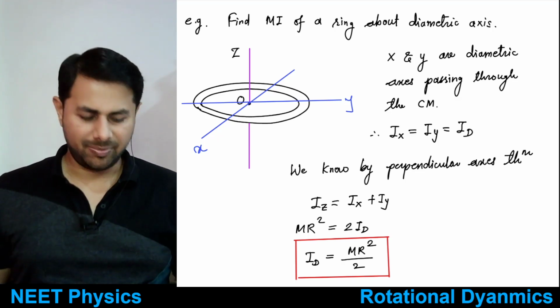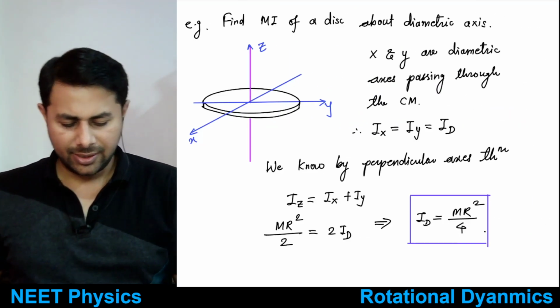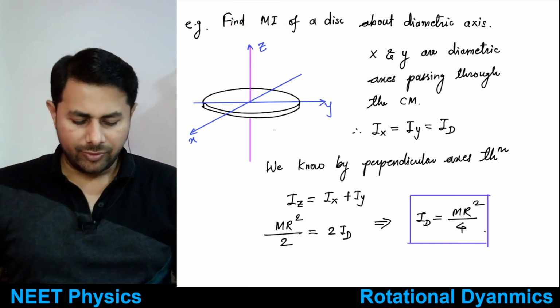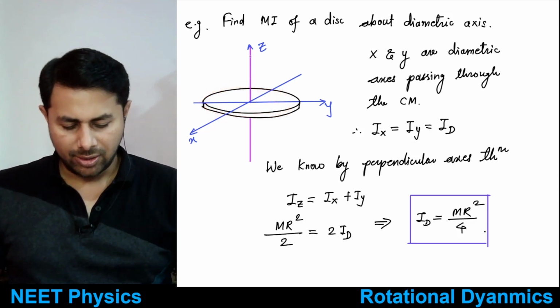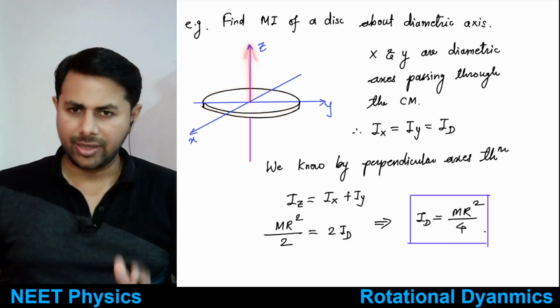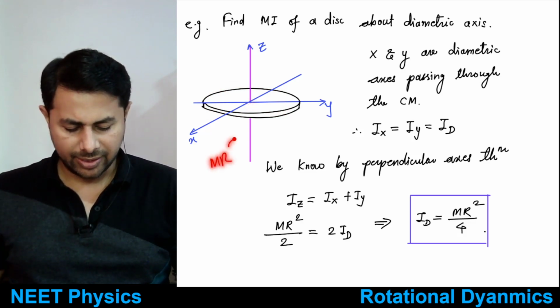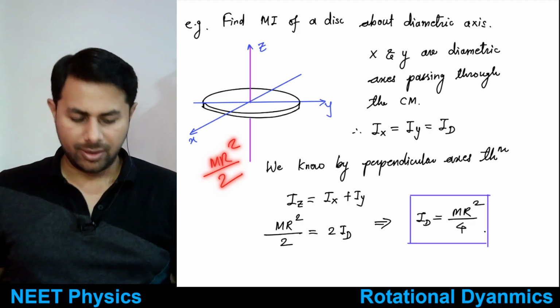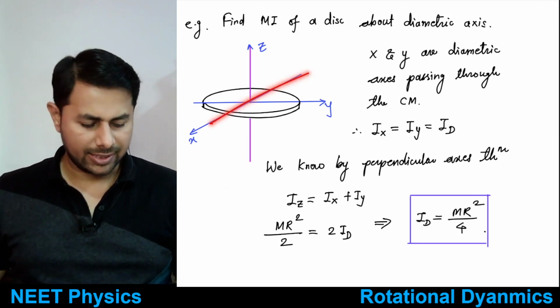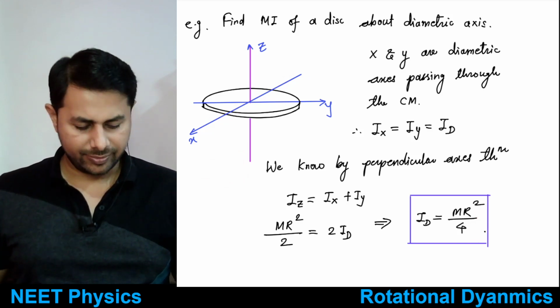That's very simple, right? Similarly, for a disk, the moment of inertia about the perpendicular axis passing through the center is MR squared divided by 2. About a diametric axis it becomes half of that, so MR squared divided by 4.